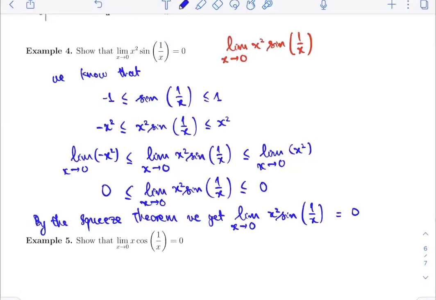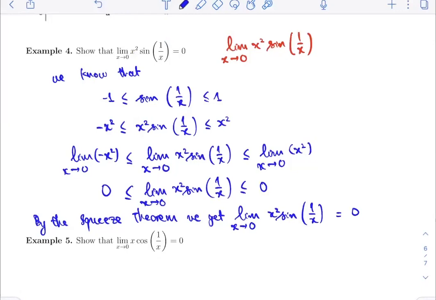Similarly, in the next example, we want to find the limit of the function x times cosine of 1 over x, and we want to show that this limit is equal to 0. Right. So for this function x times cosine of 1 over x, if you use direct substitution right away, you will have an indeterminate form.